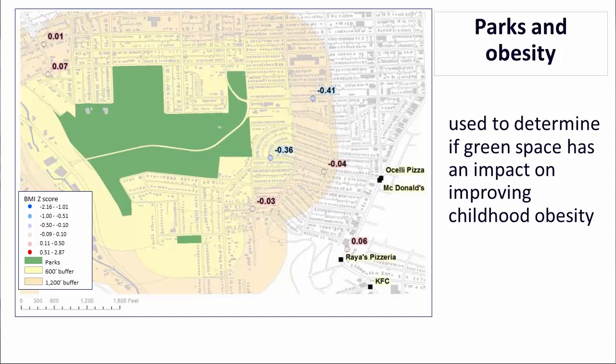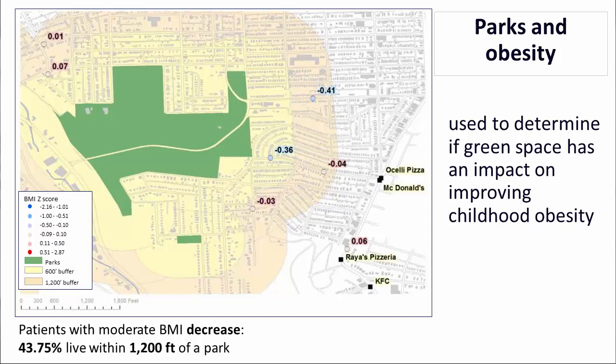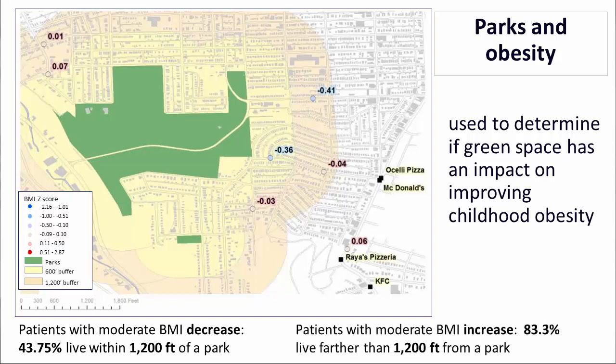So the basic question was, if a patient lived closer to a park, were he or she more or less likely to lose weight? And the initial research showed that, in fact, among patients that had a moderate BMI decrease, those that lost weight, about 43% lived within a 1,200-foot buffer of a park. If we look at those that increased in their BMI and the 1,200-foot buffer, we see that 83% of these lived further than that 1,200-foot buffer from a park.